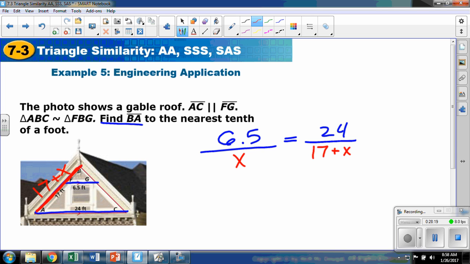This is a type that we can solve then with cross multiplying. 6.5 multiplied, that would be 6.5 times 17 plus X. And on the other end, 24 times X equals 24X.